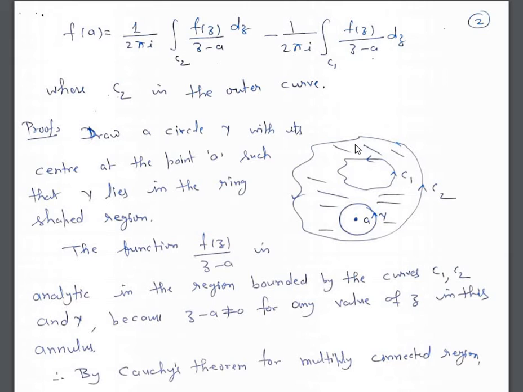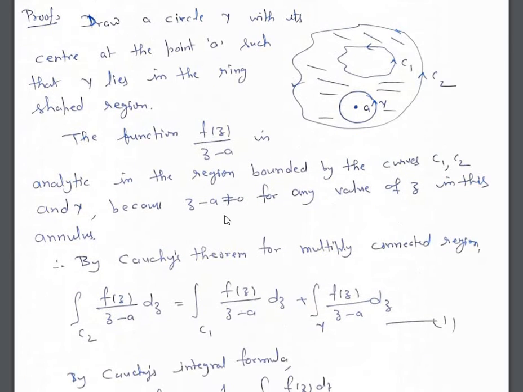Now because function f(z) is analytic throughout the region between C1 and C2, function f(z) upon z minus A, now this function is not analytic at the point A. So therefore this function f(z) upon z minus A is analytic in the region bounded by the curves C1, C2 and gamma, because z minus A is not equal to 0 for any value of z in this annulus.